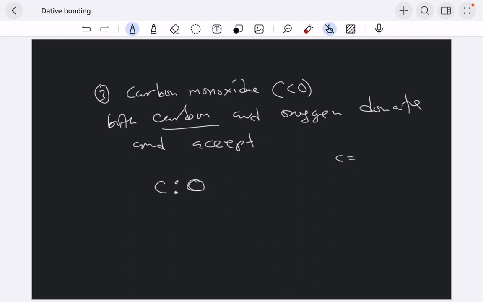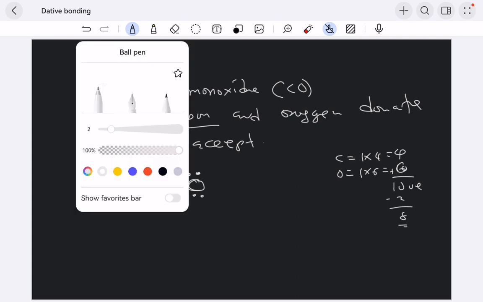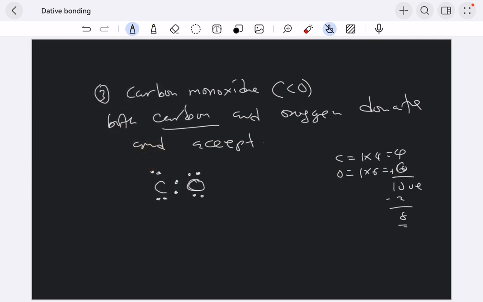If we follow the Lewis, carbon is 4, O is 1 by 6, so we have 10 valence electrons. So when we use 2 here, minus 2, we remain with 8. So the 8 we can put 2 here, 2 there. So what happens in this bonding is that both are able to share and they're able to donate and accept. So this one will do that, that one will do that. So eventually we have a triple bond there, and both are stable.